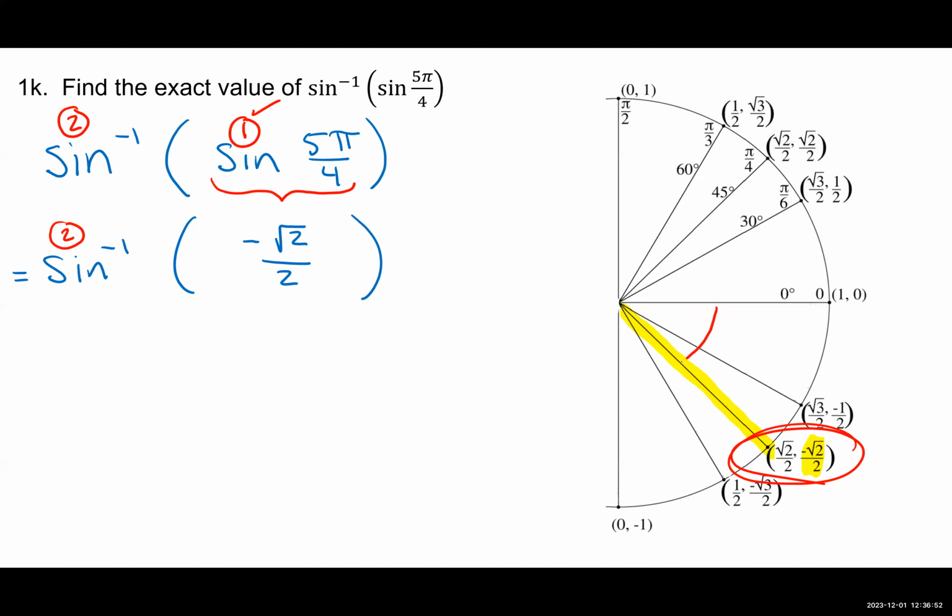And that's going to be an angle of negative pi over 4.